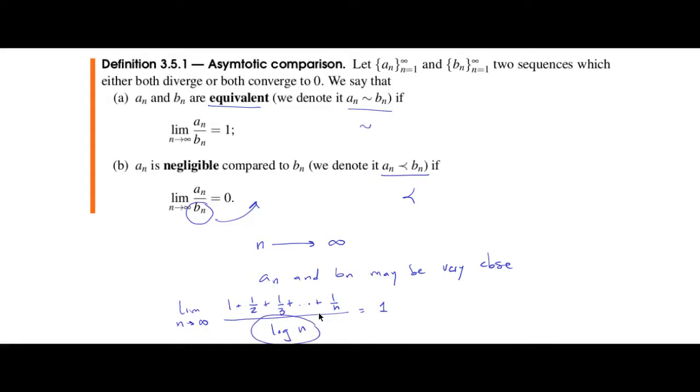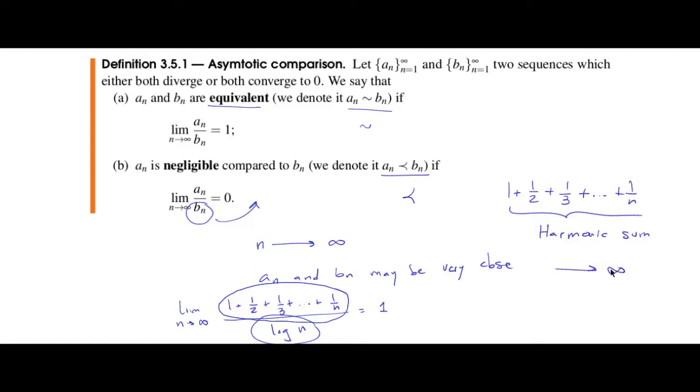We know that the logarithm of n, when n goes to infinity, and this is an interesting proof of this result, that this sum, 1 plus 1 over 2 plus 1 over 3 plus ... plus 1 over n, which is called the harmonic sum, goes to infinity when n goes to infinity.